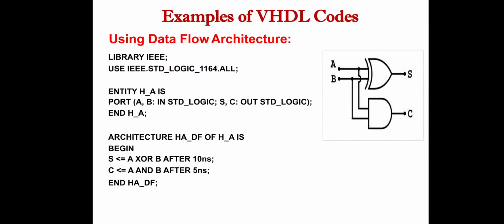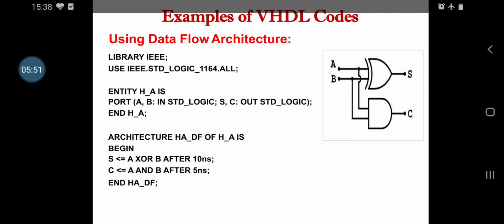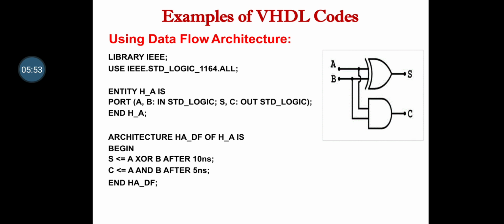Now we will check the half adder, but we are going to write the VHDL code in the data flow style model. As I remind you every time, data flow is nothing but the Boolean equation of the circuit. When you write in equation form, that is data flow.